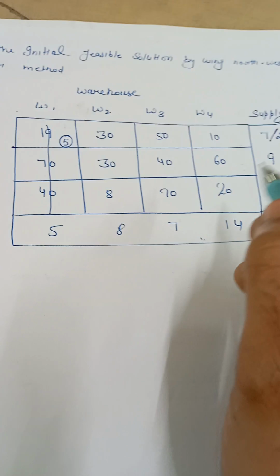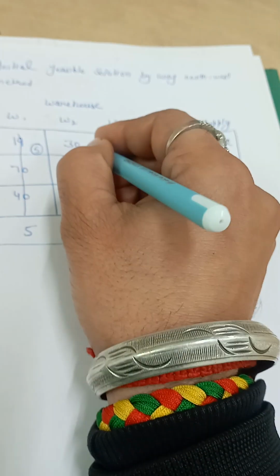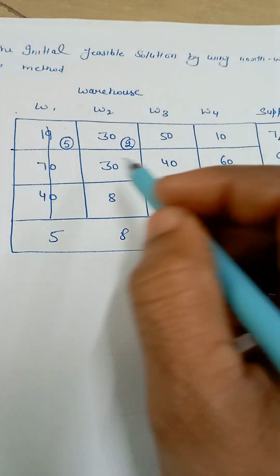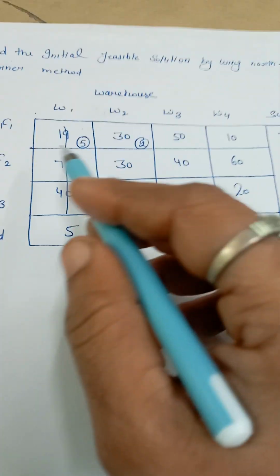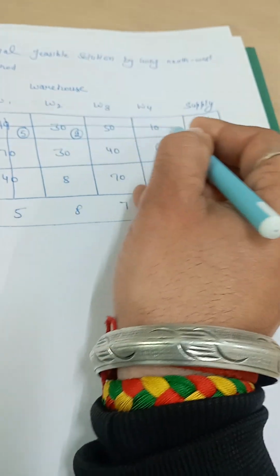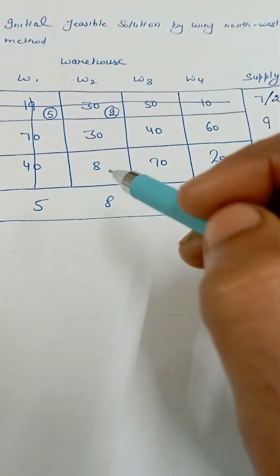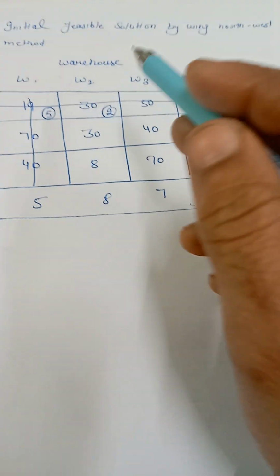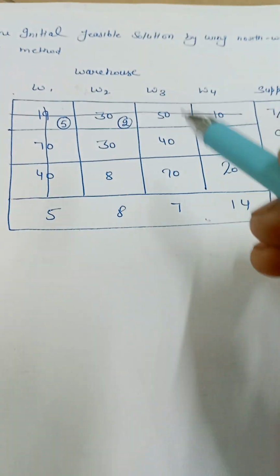Now we put only 2 in the 1 2 cell. When we check, the supply of the first row is satisfied, 5 plus 2 is equal to 7. Now we move to the next north-west corner, that is 2 2.